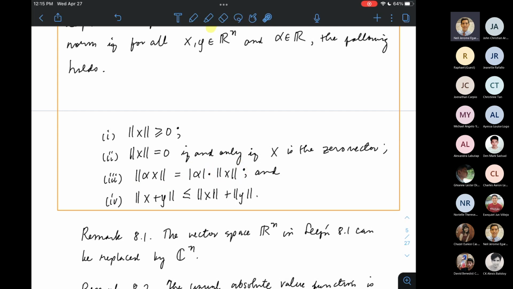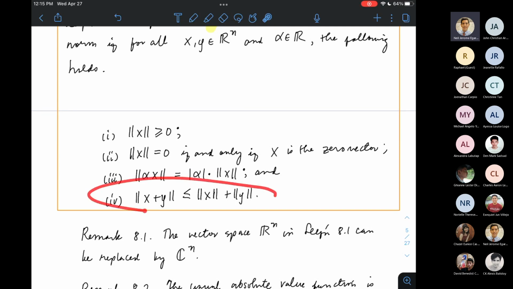So parang yung isang scalar multiplier sa isang vector ay nagiging scaling factor lamang nung kanyang norm. So parang amplifier lang siya nung size nung vector.